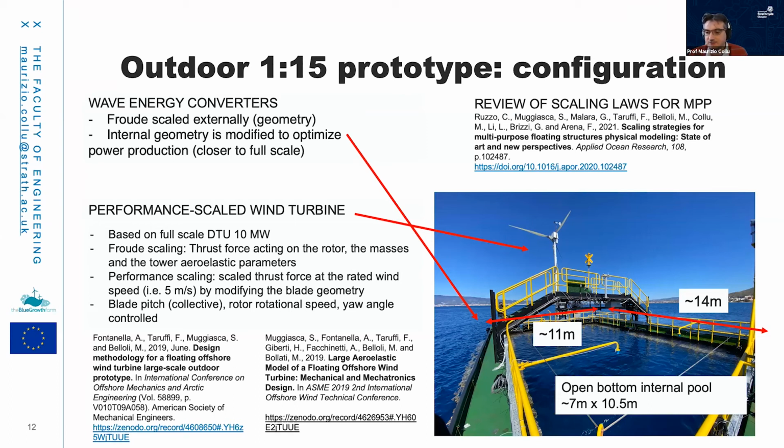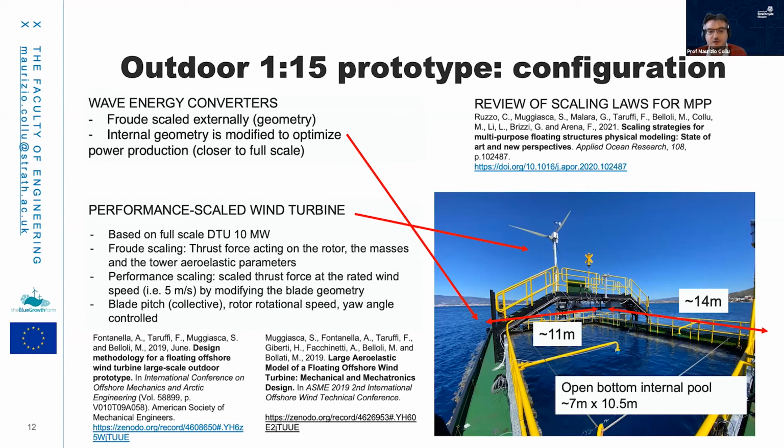This is a 14 by 11 meter external dimension with an open bottom internal pool of 7 by 10 meters, roughly speaking. You have a performance scaled wind turbine. What does it mean? It's for various reasons that I'm not going to explain here now because of time. But basically, you cannot scale geometrically the blades of a wind turbine.